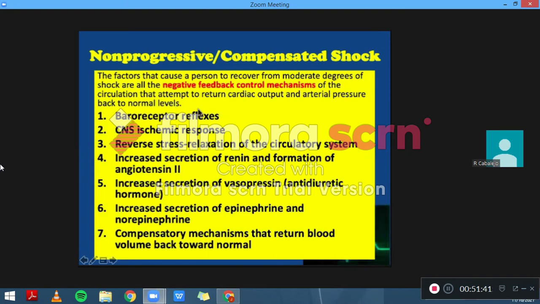Baroreceptor reflexes, your CNS ischemic response, your reverse stress relaxation of the circulatory system, your increased secretion of renin, as well as the formation of angiotensin II, increased secretion of your antidiuretic hormone to preserve your blood volume, increased secretion of your epinephrine and norepinephrine, as well as compensatory mechanisms that return blood volume back toward normal.